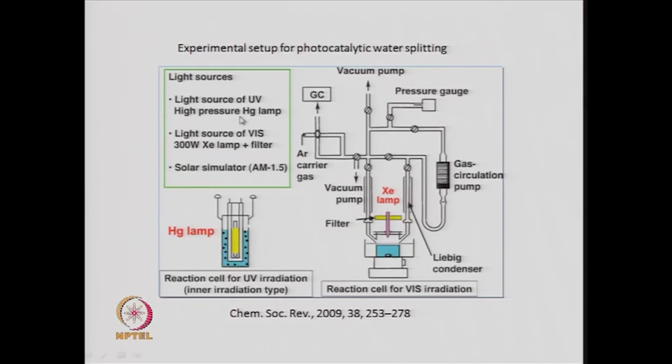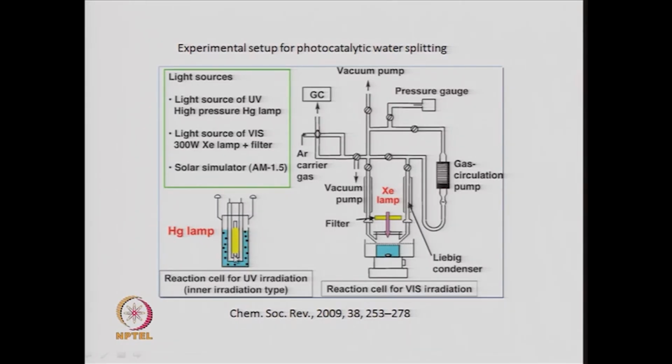This is an experimental setup for photocatalytic water splitting, and you see the core or the heart of the setup is the lamp. It can be a xenon lamp or a mercury lamp, and a mercury lamp is basically used for ultraviolet radiation.